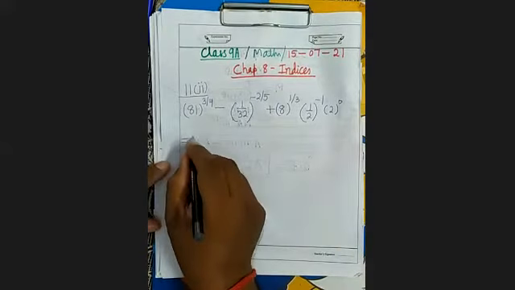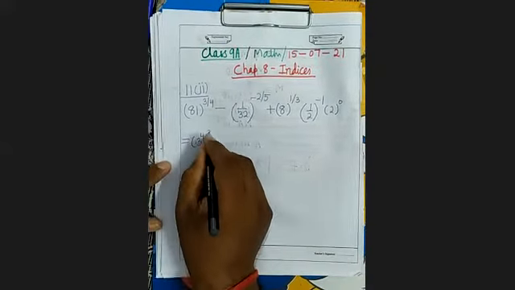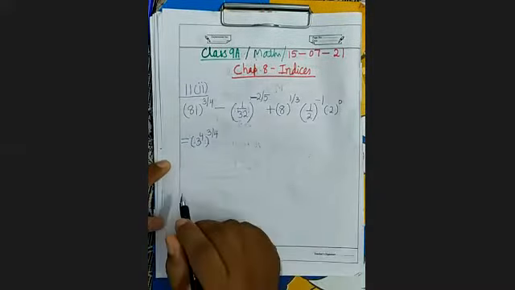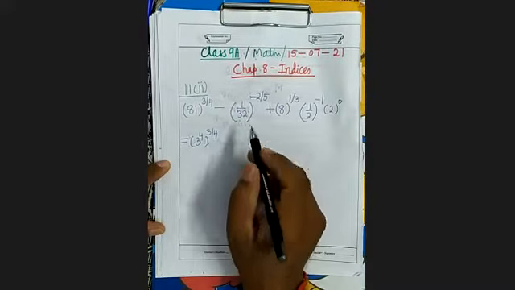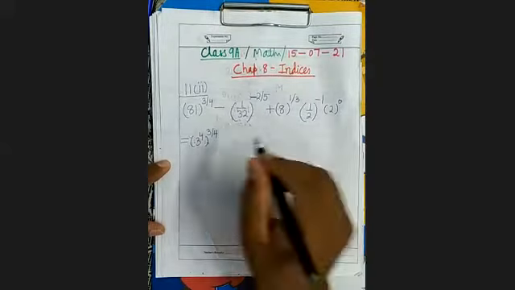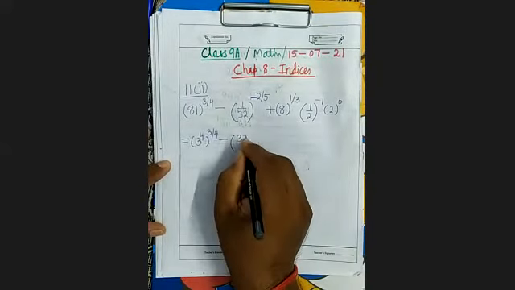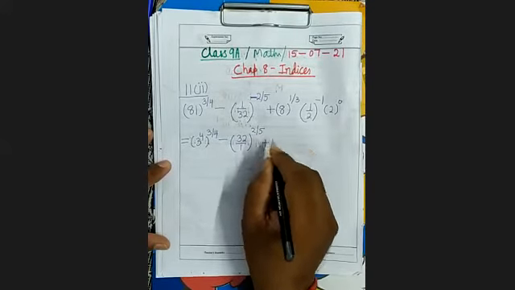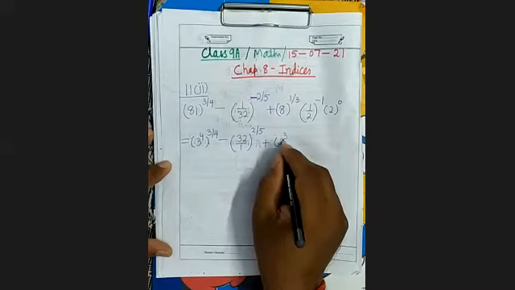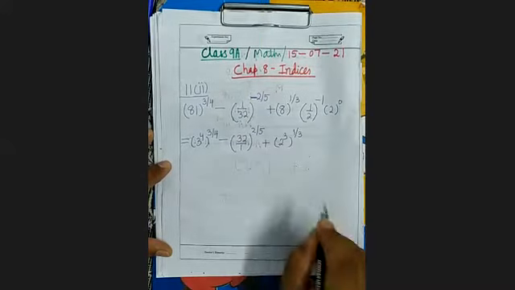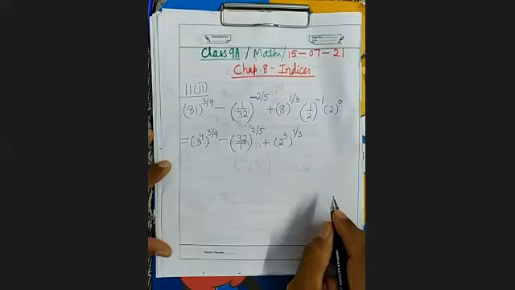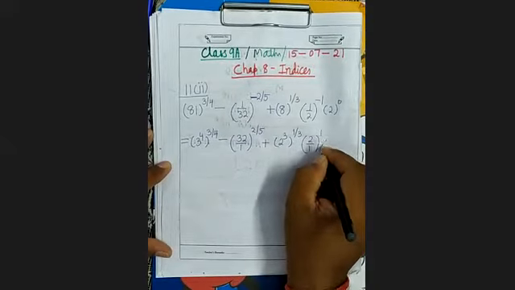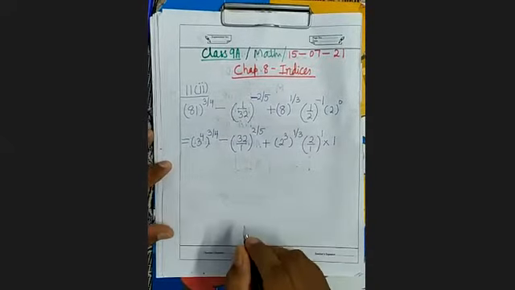So it will be (3^4)^(3/4). Here the power is negative, so you can make the power positive by reciprocating the base, that is, flipping the base. So (32/1)^(2/5) plus 8 you can write as (2^3)^(1/3). Once again here the power is negative, so you can write (2/1)^1, and 2 to the power 0 means 1.